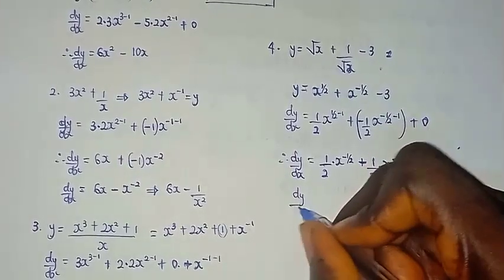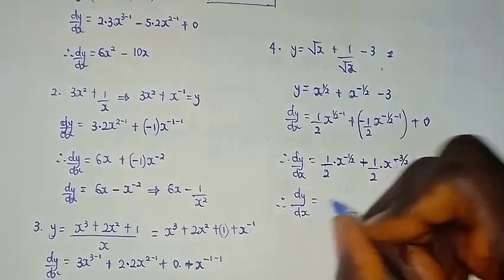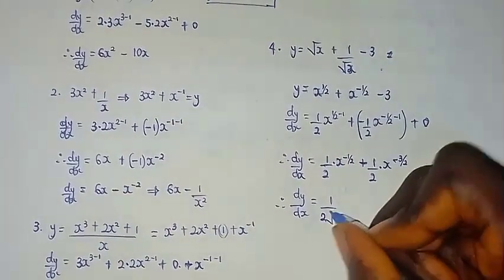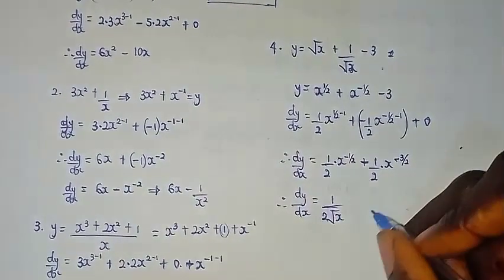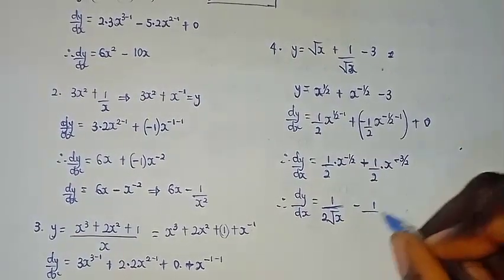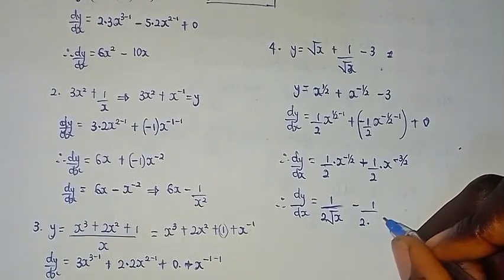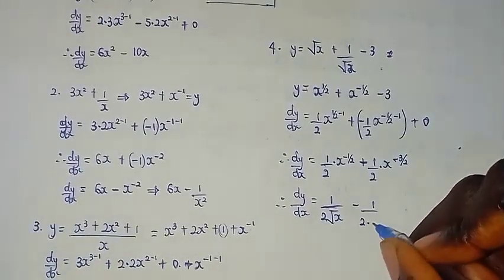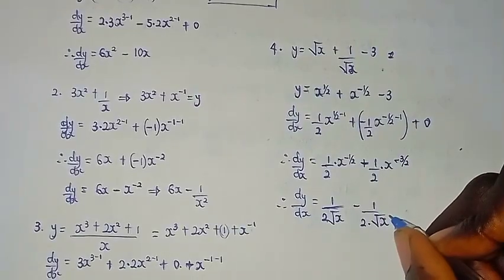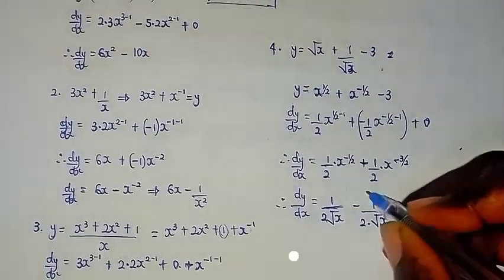Therefore dy over dx becomes 1 over 2 square root x minus 1 over 2 multiplied by square root x raised to the power of 3. So this becomes our answer.